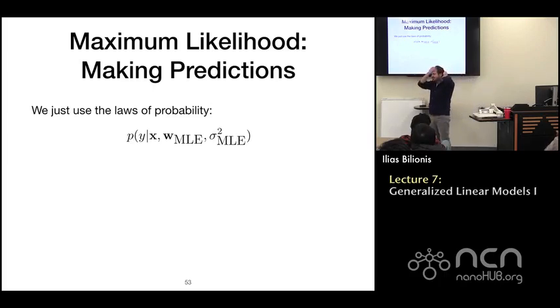Question: so all you're saying is that the samples or the input is coming from a Gaussian distribution? The input is conditional here everywhere. So the input is given. You can choose it by hand to be whatever you want. It could be a product of chance. But if you look carefully, in all the things that I have been writing down, the input is on the right-hand side of the vertical line.